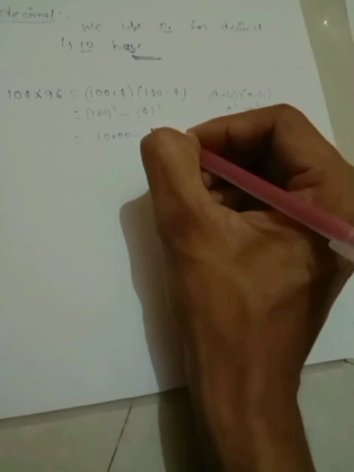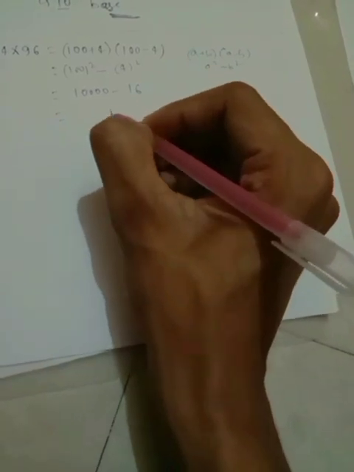It will be quite easy to multiply with this method, and we can write it as a plus b into a minus b, which is a square minus b square. 100 square is 10,000 and 4 square is 16. We just subtract 10,000 minus 16, then we will get 9984. It is quite easy to write here.